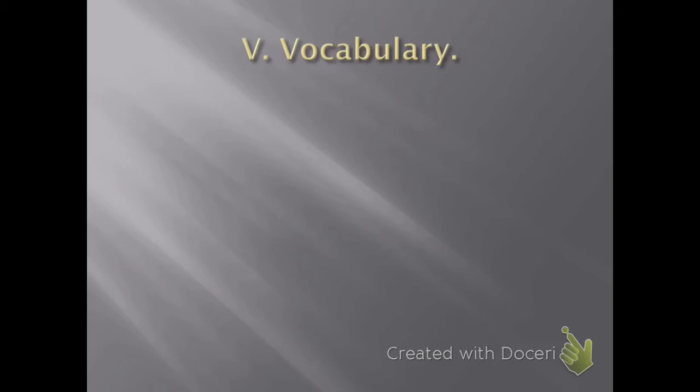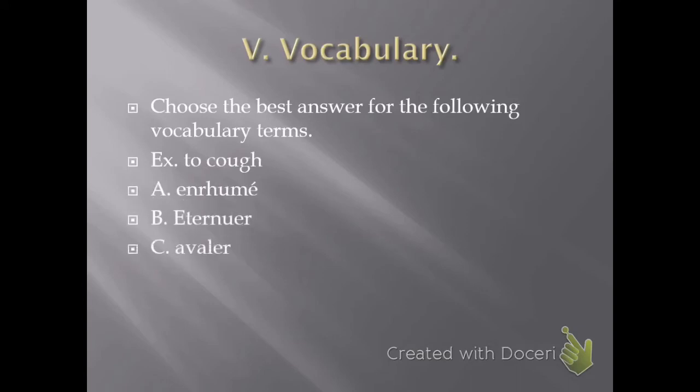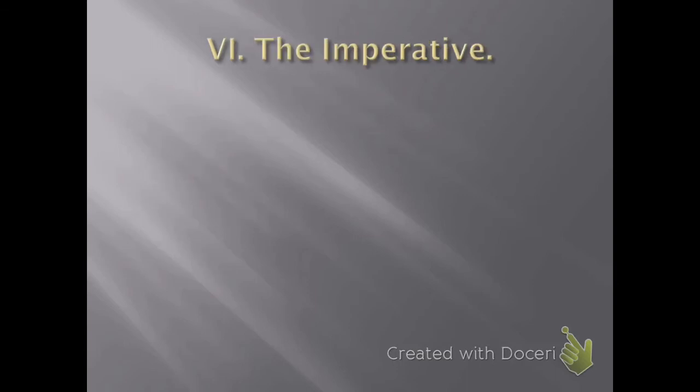Part 5, vocabulary. You need to choose the best answer following the vocabulary terms. So, for our example here, we have "to cough." Is it A, enrhumé, B, éternuer, C, avaler, or D, tousser? If you said D, tousser, you would be correct. Part 6, the imperative.